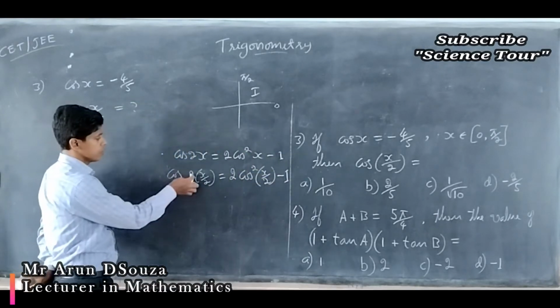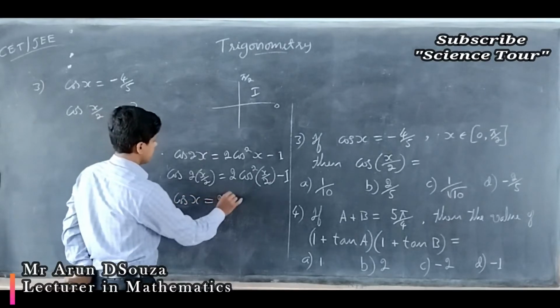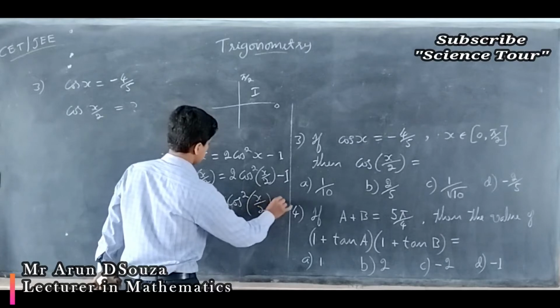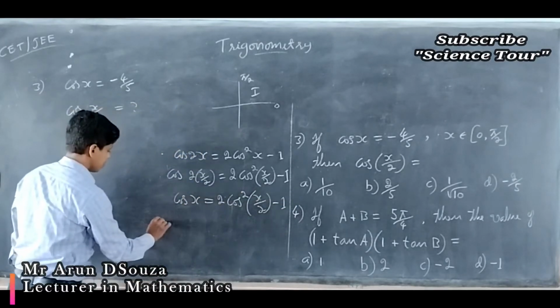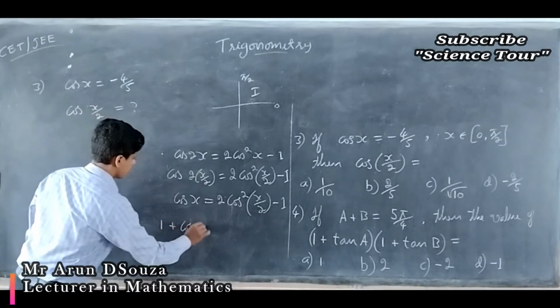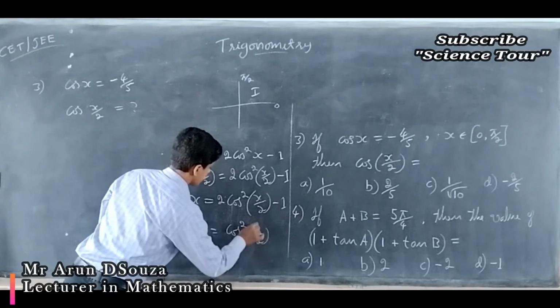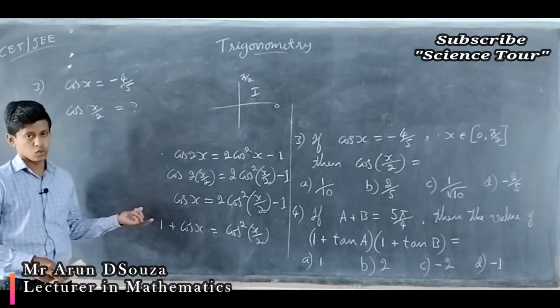Well, now here 2 cancels, what you get is cos x, and here you have 2 cos square x by 2 minus 1. So bring that minus 1 here, it becomes plus 1. So 1 plus cos x, and that is 2 cos square x by 2. Okay, so this is the formula we will use.